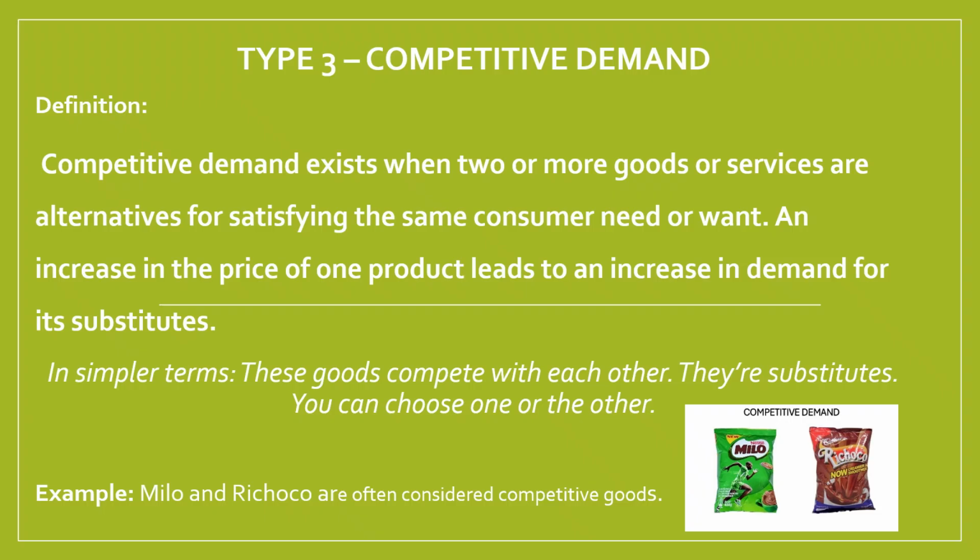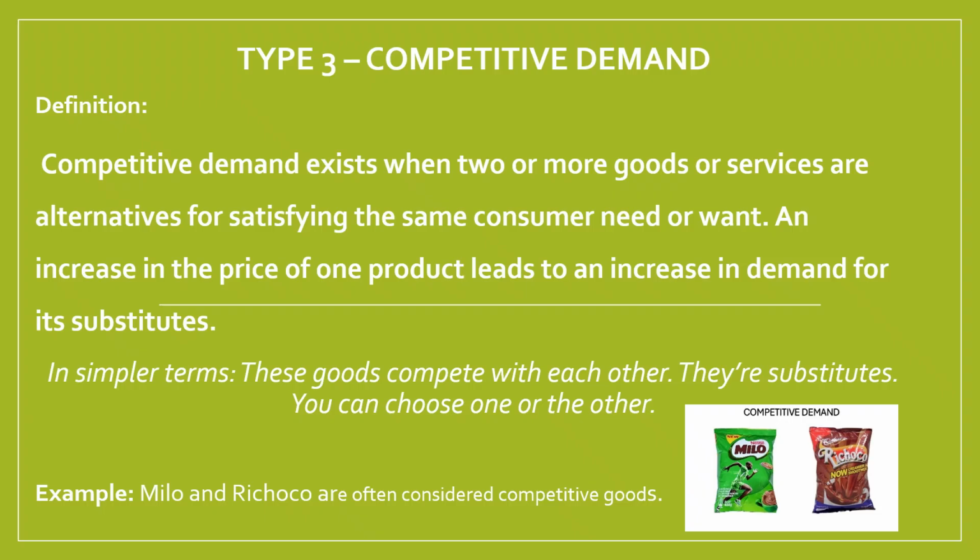They satisfy the same need, the desire for a chocolate drink. If the price of Milo increases, people might switch to Rich Choco. If the price of Rich Choco decreases, demand for Rich Choco increases and demand for Milo might decrease. They compete for the same consumers.